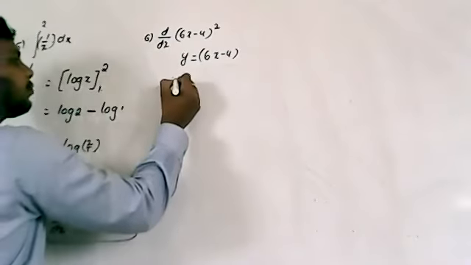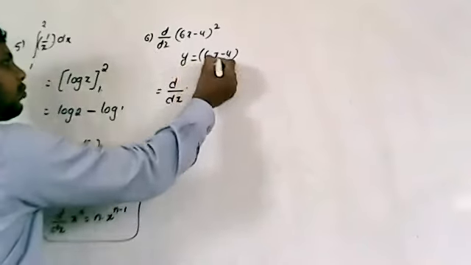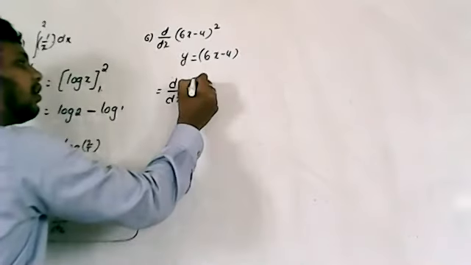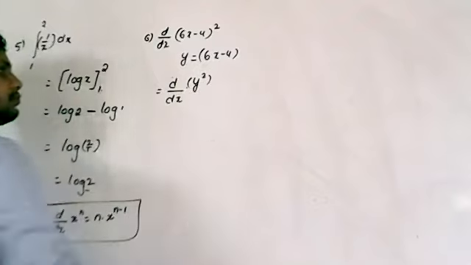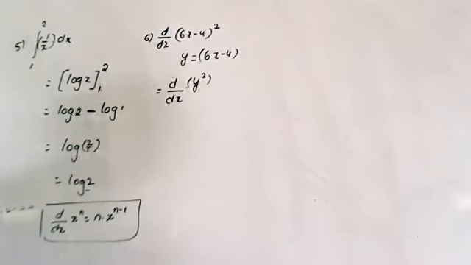Now I will write d by dx of y square. Are you clear? 6x minus 4 is taken as y. Now it looks like d by dx of x power n.